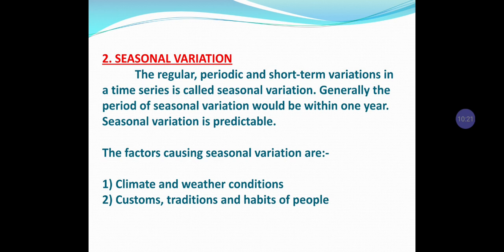Next, seasonal variation. The regular, periodic, and short term variation in the time series is called seasonal variation. Generally, the period of a seasonal variation could be within 1 year. Seasonal variation is predictable, meaning that according to the season we can have variations.